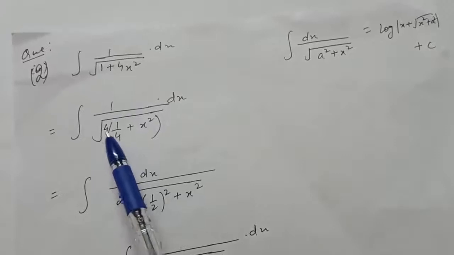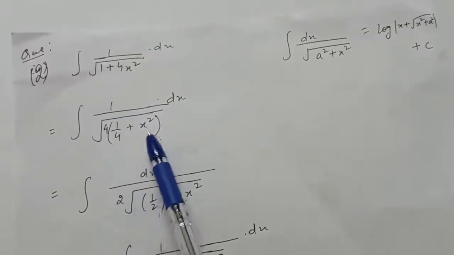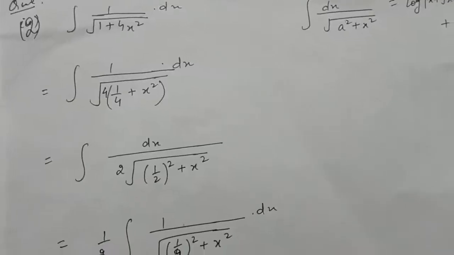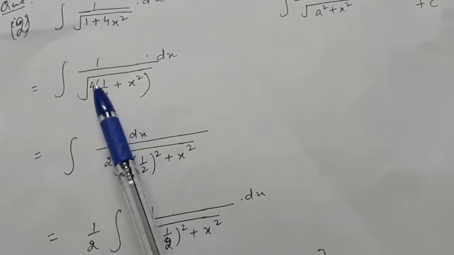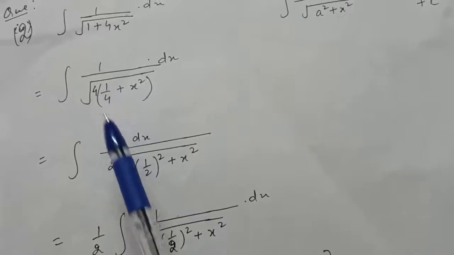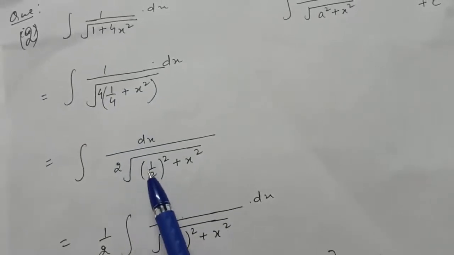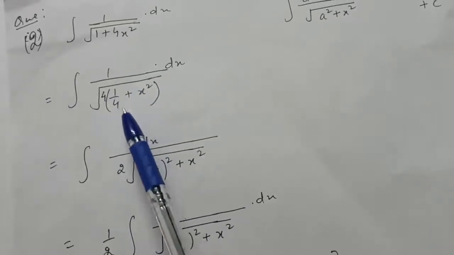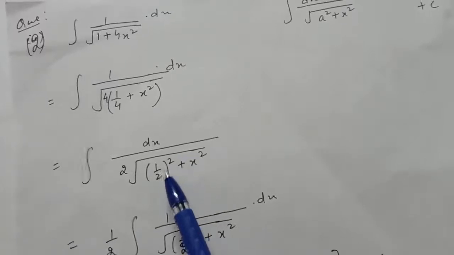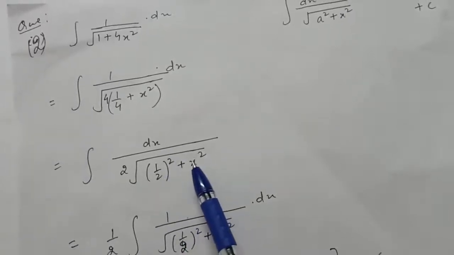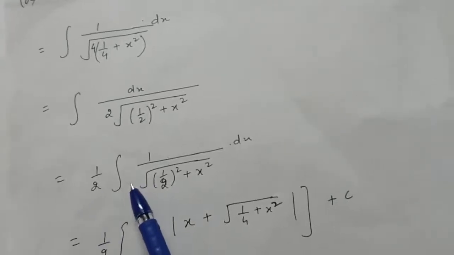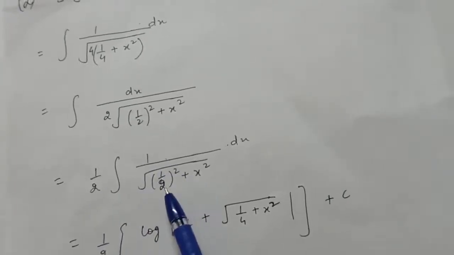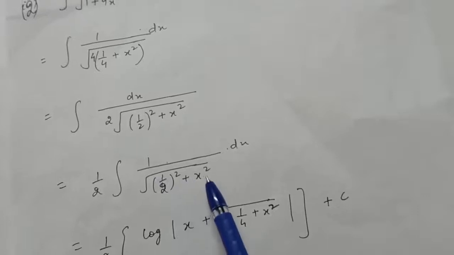So taking 4 common, you will get 1 by 4 plus x square. So this integral will now become 1 upon this root 4, which is equal to 2, and into root 1 by 4 can be written as 1 by 2 square plus x square. Now take out this 1 by 2 common from the integral, and this will be integral of 1 upon root 1 by 2 whole square plus x square.